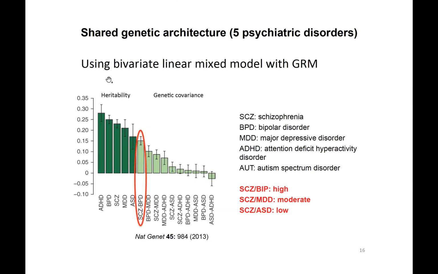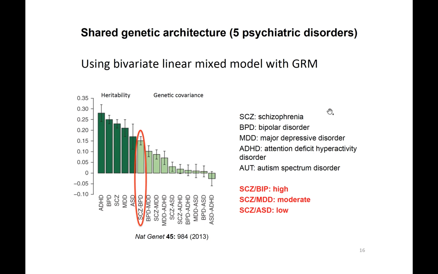In this case, this is an extension of a univariate linear mixed model to estimate genetic correlation between two traits. In this study, there are 5 different psychiatric disorders: schizophrenia, bipolar, MDD, ADHD, and autism. This study found empirical evidence that the genetic correlation between schizophrenia and bipolar is high, schizophrenia and MDD is moderate, and schizophrenia and autism is low.